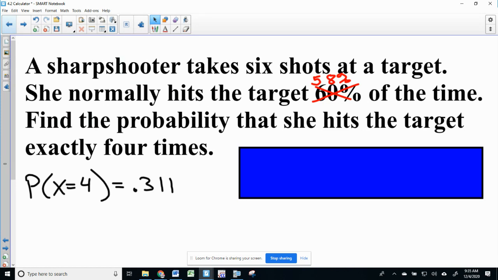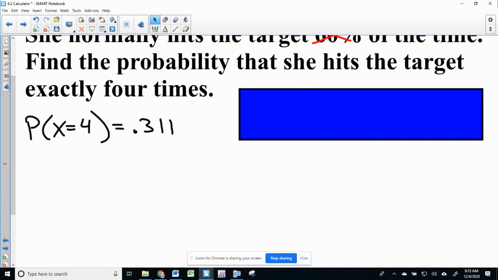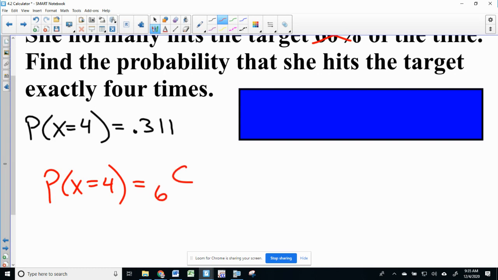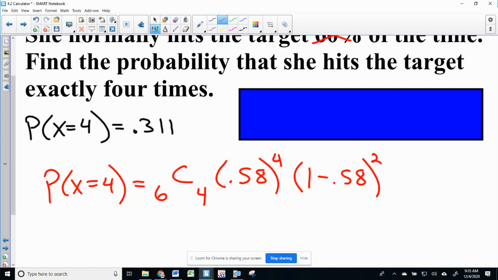Should be the math. What do you mean by the math? The formula. We do the formula, right? So if we use 58, our probability would be 6C4 times 0.58^4 times 1 minus 0.58^2. So type that in your calculator and see what you get.